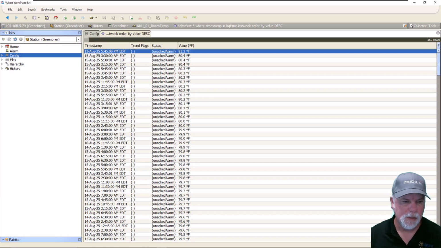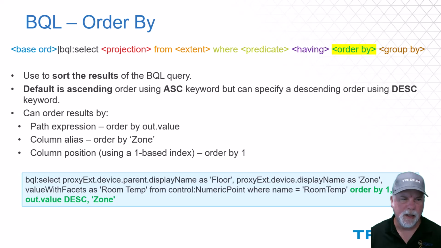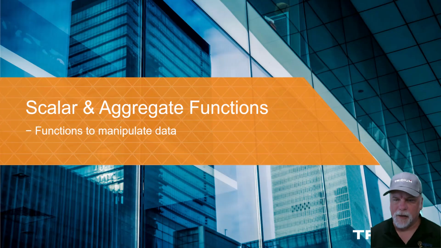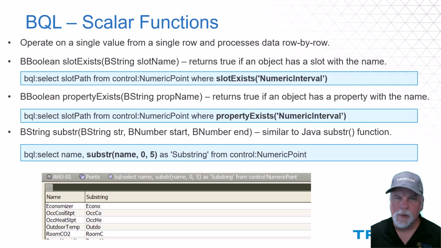All right. So let's take a look at some scalar and aggregate functions. Scalar functions are designed to operate on a single value from a single row, but it allows us to do some data manipulation or to insert some parameters where typically BQL doesn't allow us to run methods that require parameters, and this is an exception to that rule.